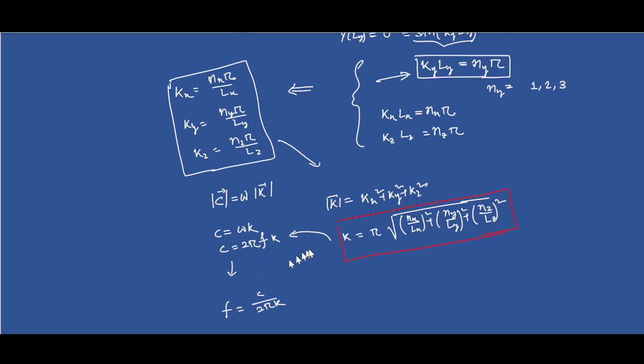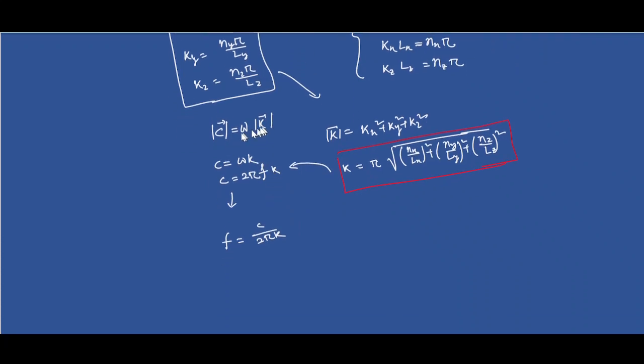Let me check. Oh, I made a mistake writing this expression, because the dimension of k is length inverse. This dimension is of time inverse, so this is not going to give me the dimension of velocity, which is LT inverse. So there is a mistake here. Let me correct it.